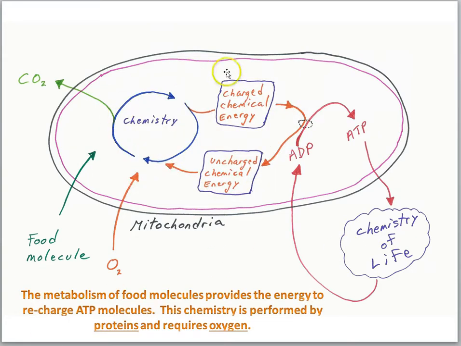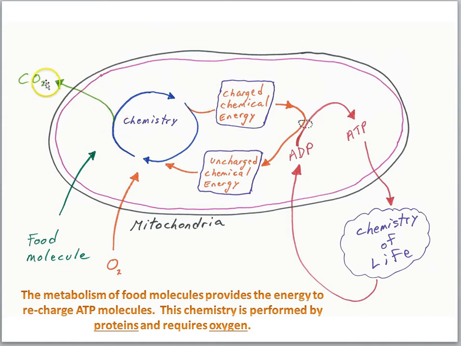And now let's figure out, how do the ADP molecules get recharged? Well, that's the metabolism of food. So the metabolism of food molecules provides the energy to recharge the ATP molecules. And this chemistry is performed by proteins and requires oxygen. So there's a whole team of proteins here that will be breaking down food molecules, and that process of extracting energy from the food will charge up some certain molecules that we'll name later.